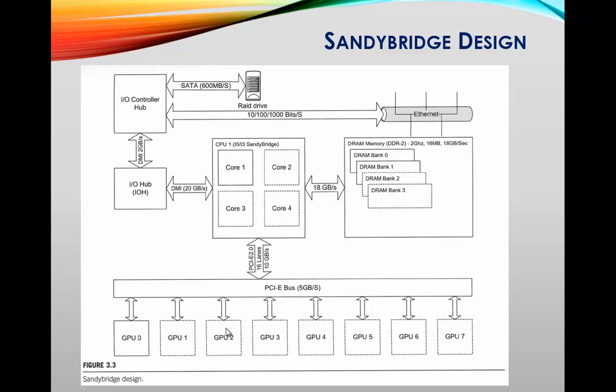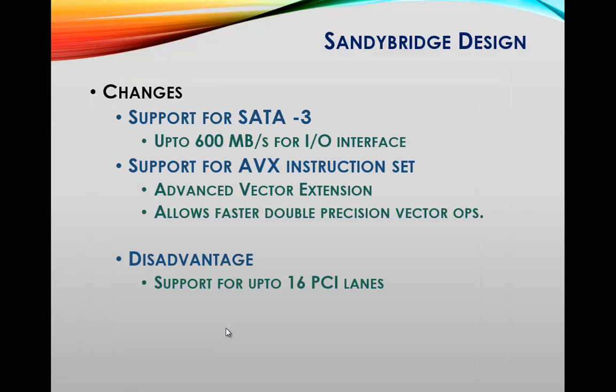You've got your DRAM that can now be connected at 18 gigabits per second with your CPU, and your peripherals are using the DMI access that connects your I/O hub at 20 gigabits per second with your CPU.